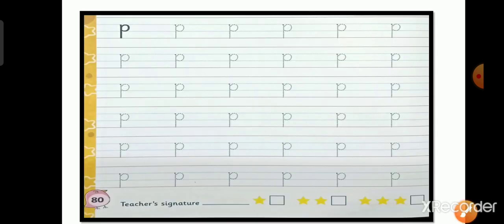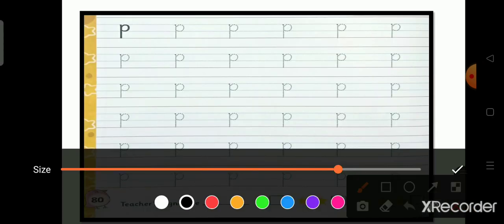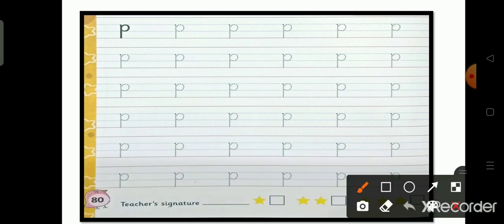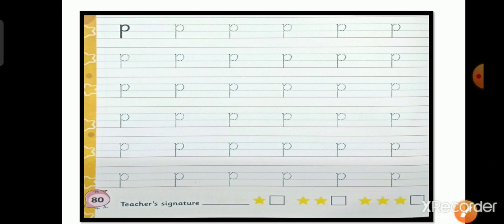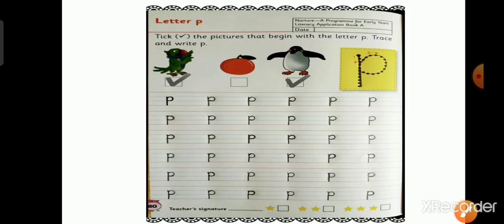Now let's trace letter P. Standing line and a curve. Letter P. Your page will look like this.